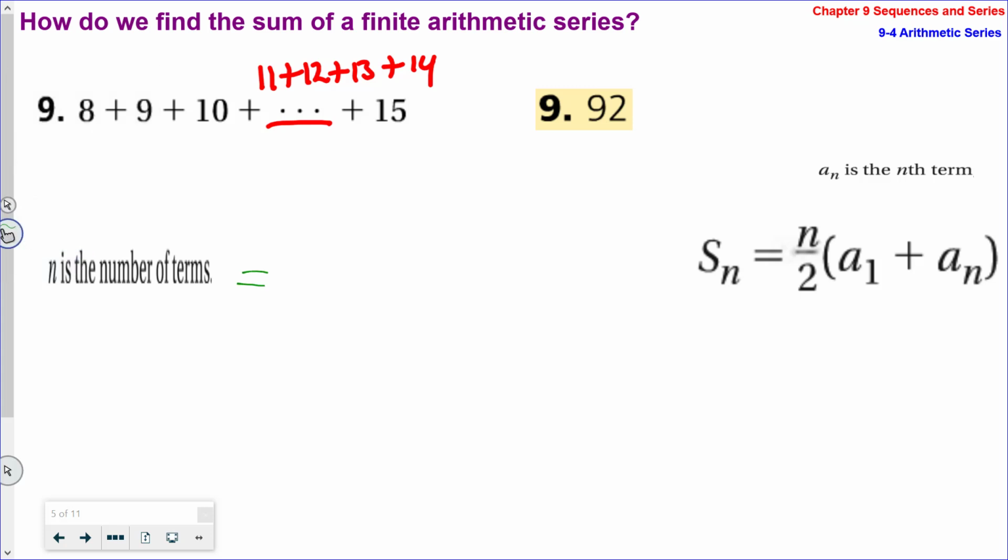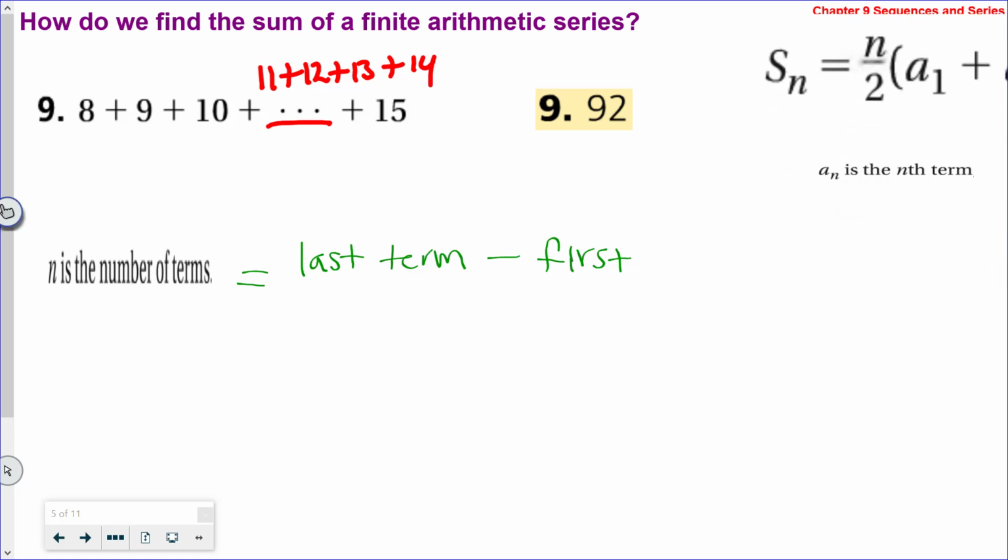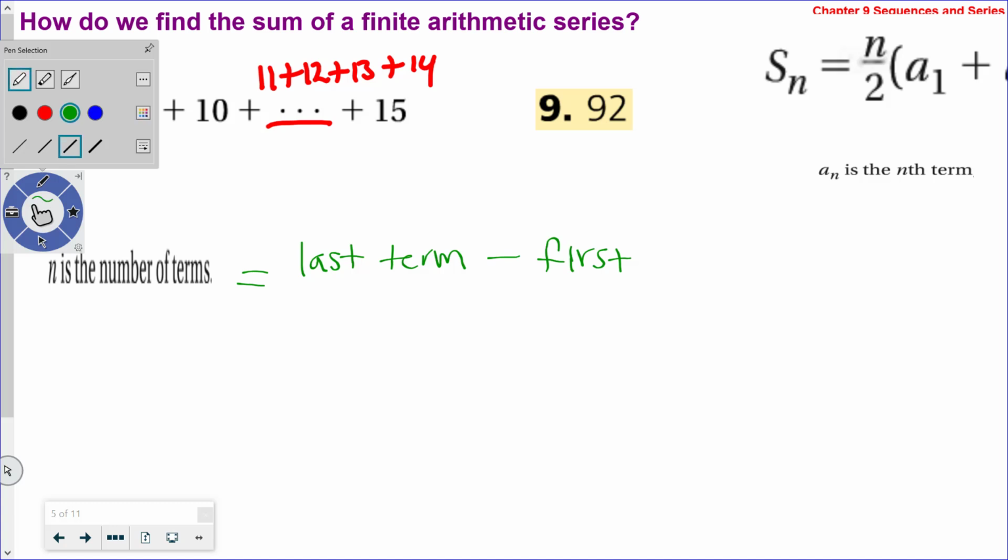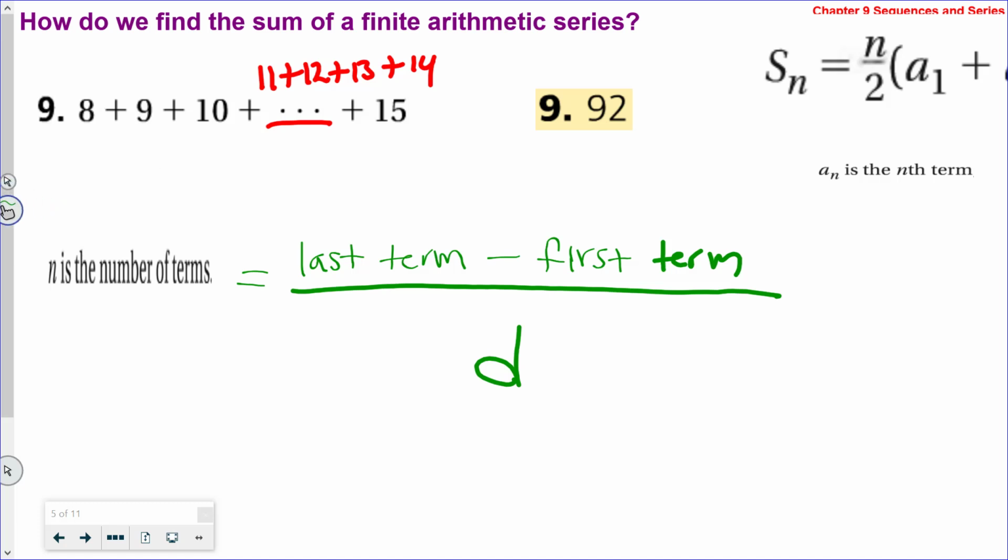equals the last term minus the first term divided by the common difference. d is the common difference, plus 1.